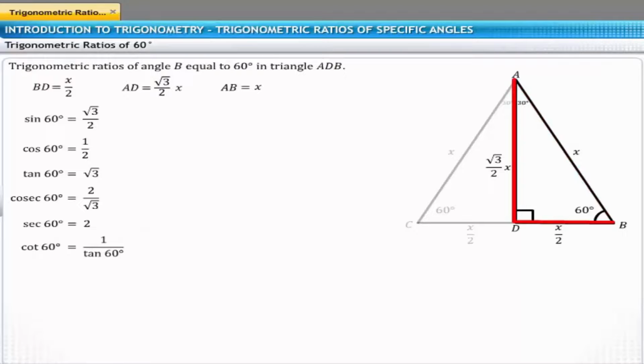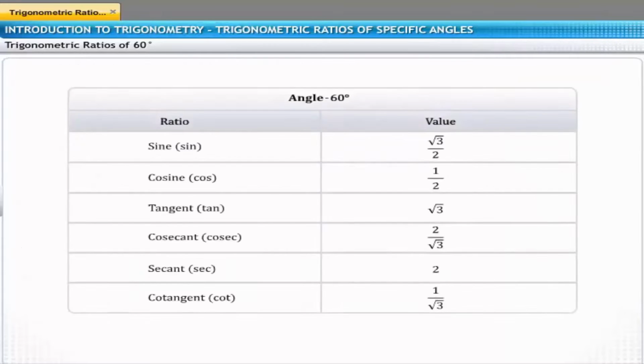Cot 60 degrees is equal to the reciprocal of tan 60 degrees. Since tan 60 degrees is equal to √3, cot 60 degrees is equal to 1 by √3. Let us quickly recap the trigonometric ratios of a 60-degree angle.